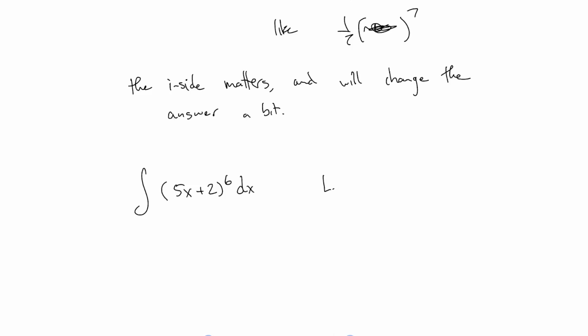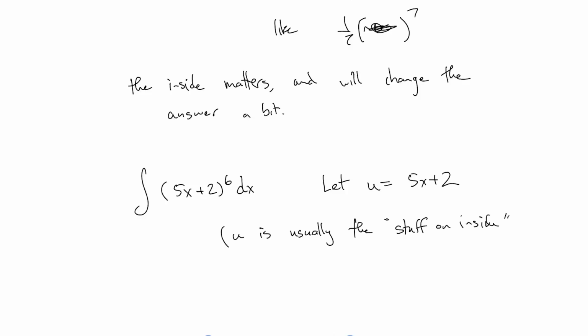So I'm going to say, let u be 5x plus 2. Why did I choose that to be the u? It's because I know when I do the u-substitution, the u should equal the thing on the inside. So the u is usually the stuff on the inside.